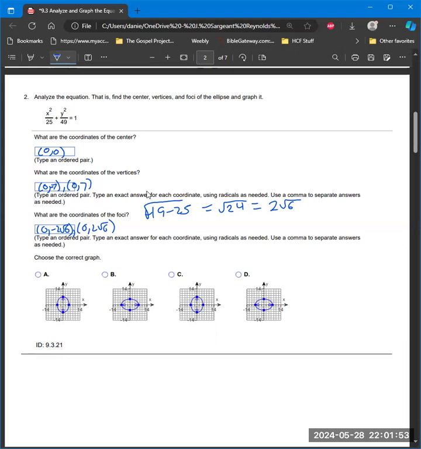And so 5 in the x direction and 7 in the y direction. It's not quite circular, but it's going to be a little bit more in the y direction here.